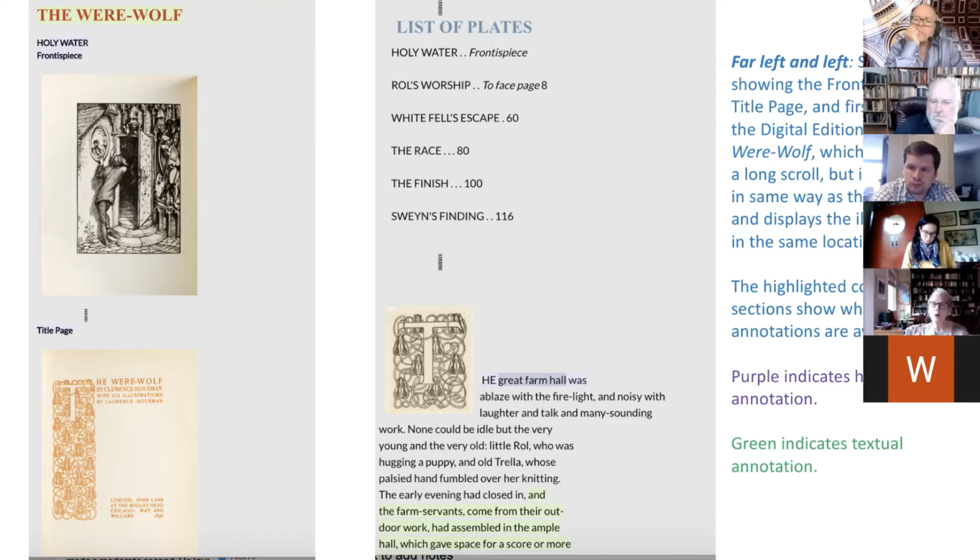So, we were very happy at the end with the approximate facsimile of the book. So even though it's a scroll, the images appear at about the same place where they appear in the text.